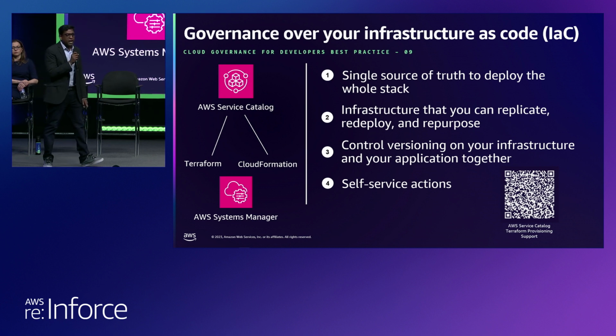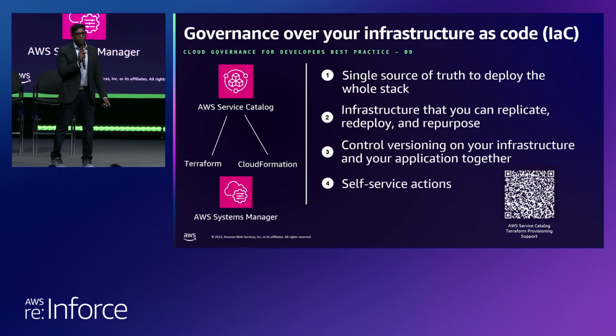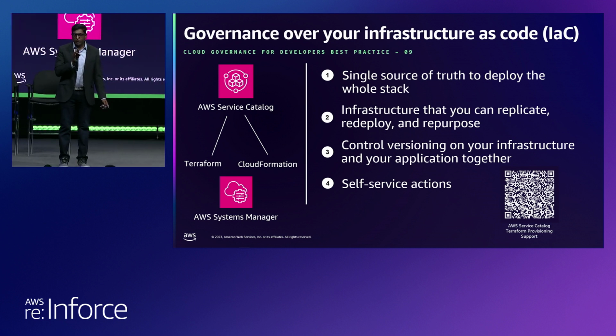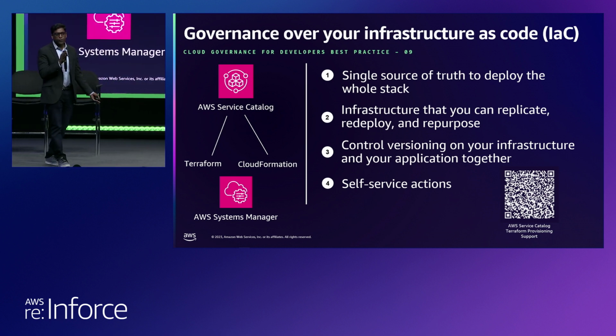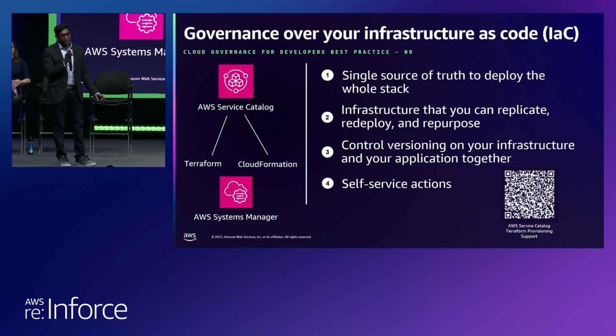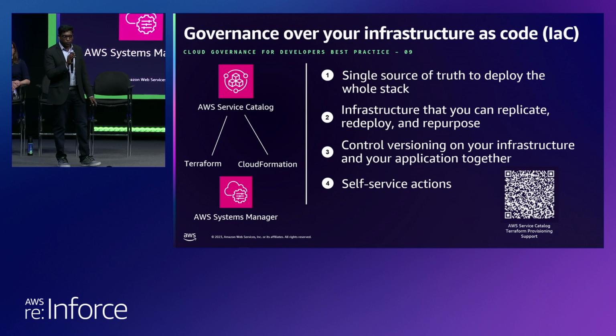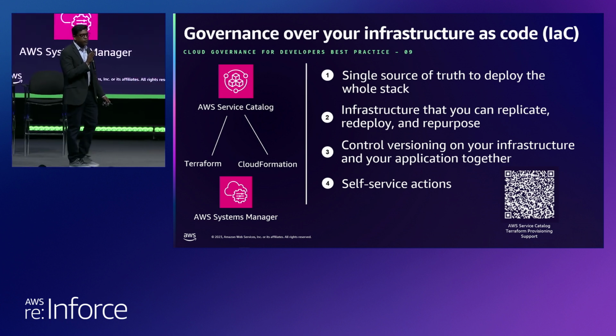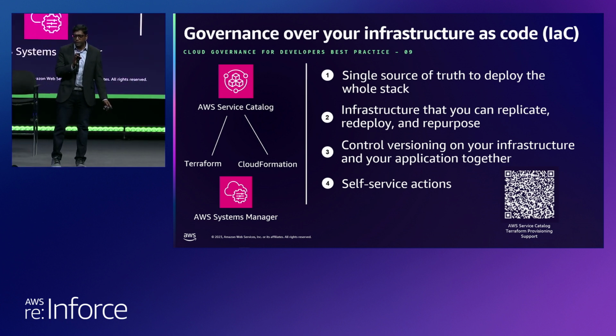There are also self-service actions that you can provide to your developers, such as governed operational actions, making it simpler for your developers to execute snapshots of databases, RDS and Redshift instances if they need to, and you can do that with Systems Manager automation documents. Service Catalog supports both Terraform and CloudFormation. The Terraform launch is relatively new, and it supports open source Terraform, but lets you launch Terraform configurations in a self-service manner.